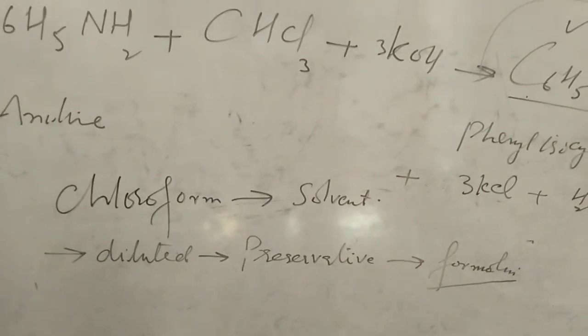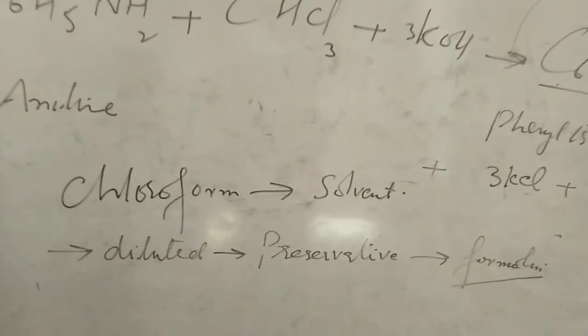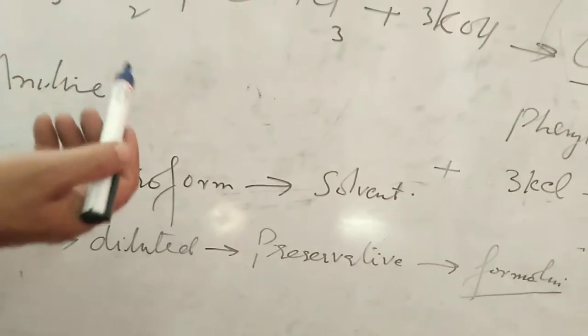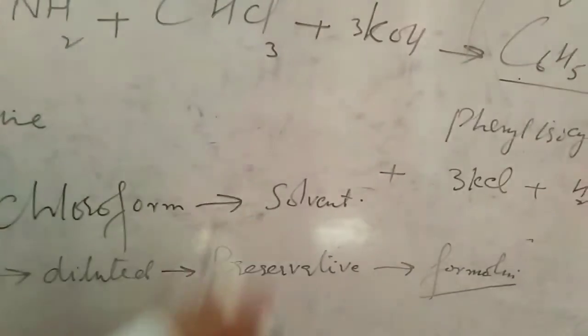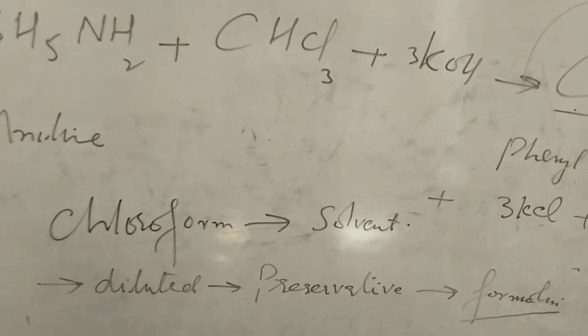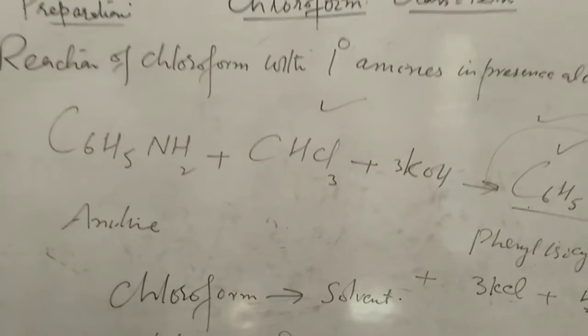It was used in ancient times as anesthetic, but there was a chance of chloroform turning into phosgene gas. So nowadays it is not used as an anesthetic. This was the preparation and properties of chloroform. Thank you.